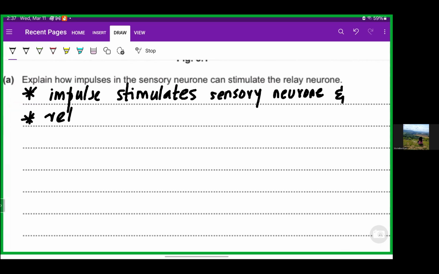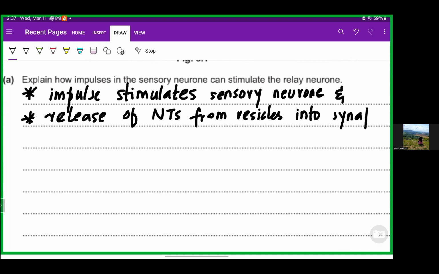It will cause release of neurotransmitters. I'm writing in short, neurotransmitters from the vesicles into the synapse. Okay, it will diffuse through the synapse.